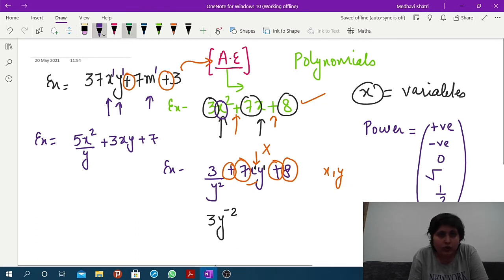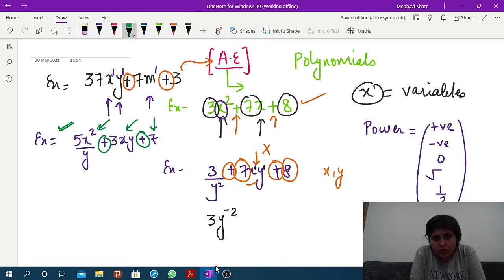We very well know that this expression will definitely be an algebraic expression, because it has some variables, some constants, and some mathematical operations. Now we just need to check whether it is a polynomial or not, so we'll check the powers of the variables. Here x has a positive 2 power, here x has positive 1 power, here y also has positive 1 power, but here y is placed in the denominator, and when y goes upward it will take a -1.